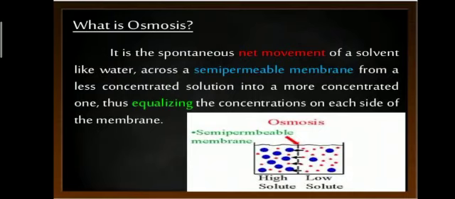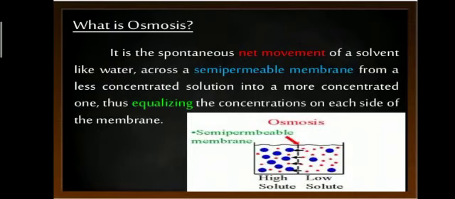That is, when a solution is separated from its pure solvent by a semi-permeable membrane, it is observed that solvent tends to pass through the membrane spontaneously into the solution and thereby dilute it. The phenomenon is called osmosis.